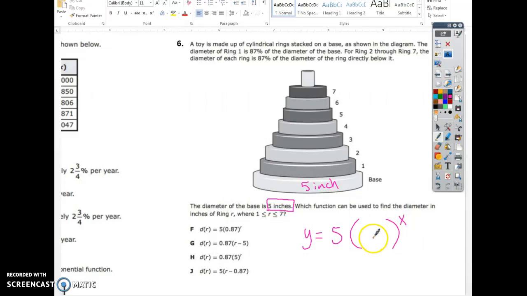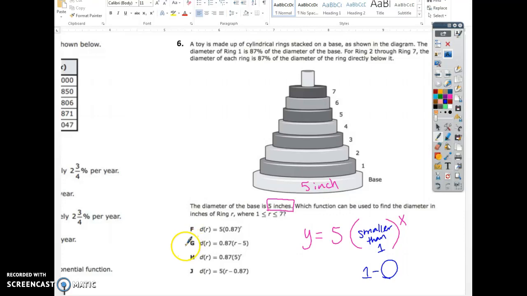This number needs to be smaller than 1, because it's 1 minus the rate, whatever the rate is. So it's going to be smaller than 1. Which one says that? Okay?